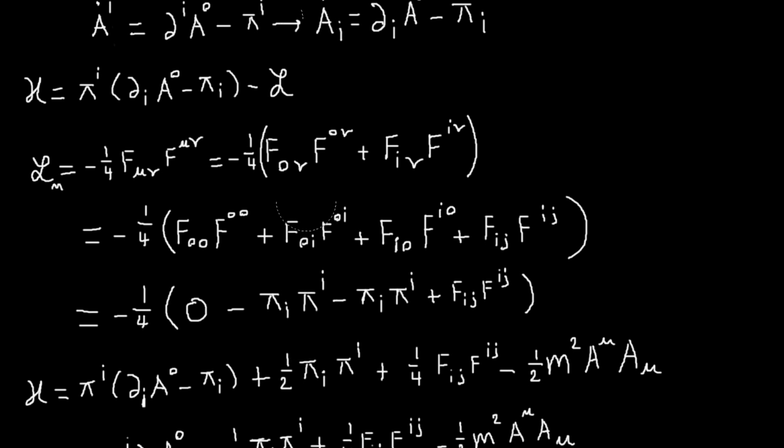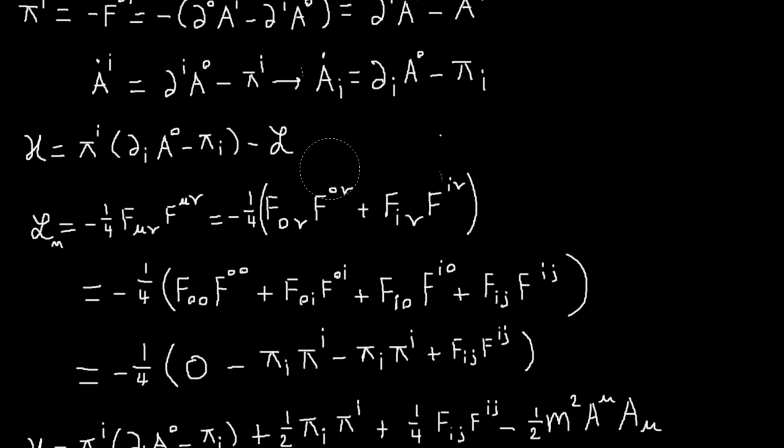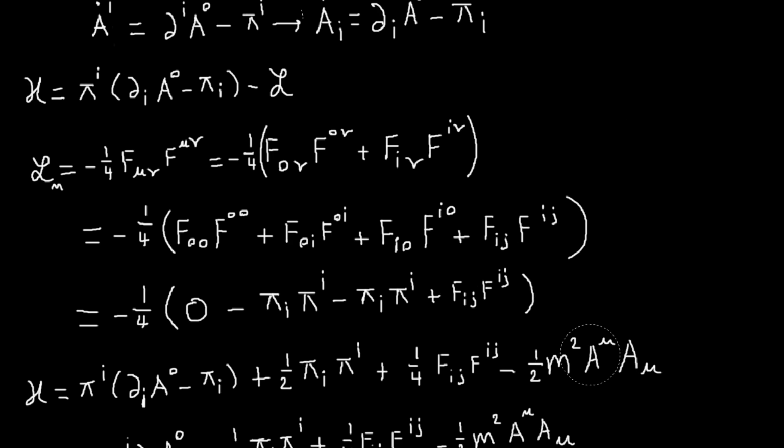So then it's just a matter of plugging that expression into our expression for our Hamiltonian density. We'll have this term, and these two terms add, so we'll get a minus 1/2 π^i, but then it's minus the Lagrangian density, so it becomes plus here. And similarly, plus this term. And then we can't forget that the Lagrangian density also contains our extra term. So our Hamiltonian density becomes this.